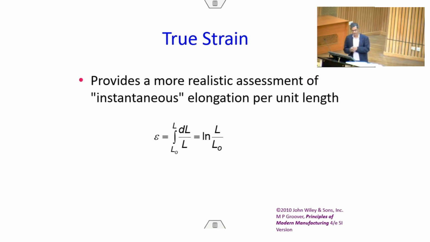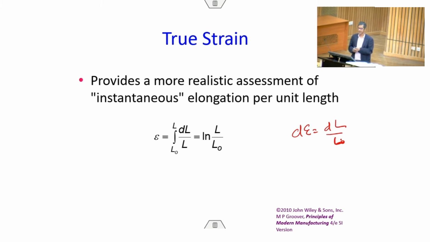Fine. Similarly, you have a true strain. True strain is written like this: d epsilon is equal to dL by L. If dL is a small instantaneous change of length, and I divide it by the instantaneous length at the time of this test, that is what is known as instantaneous change of strain.